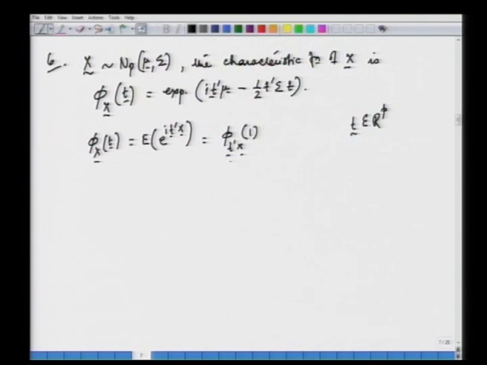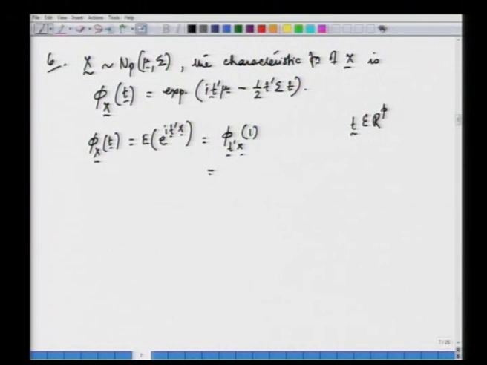And what is the distribution of t prime x? This is nothing but univariate normal with mean t prime mu and variance t prime sigma t. We know what the characteristic function of a univariate normal distribution is. We have to be careful that now this is at 1.